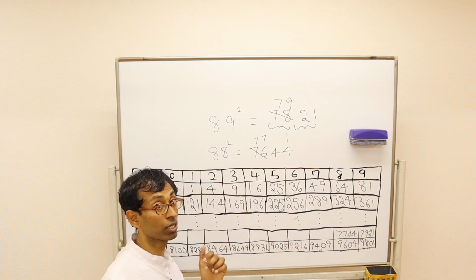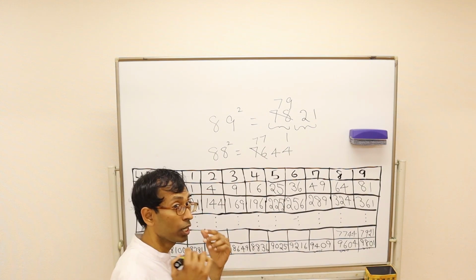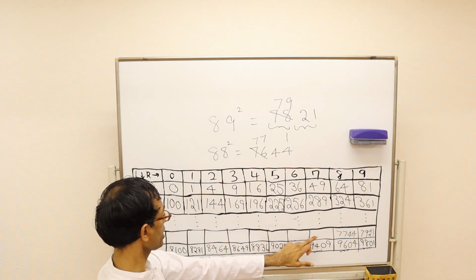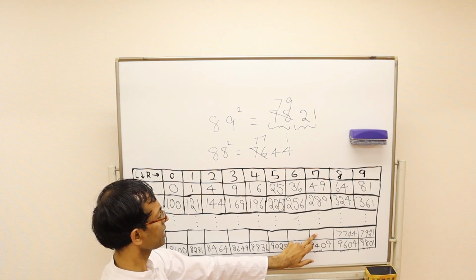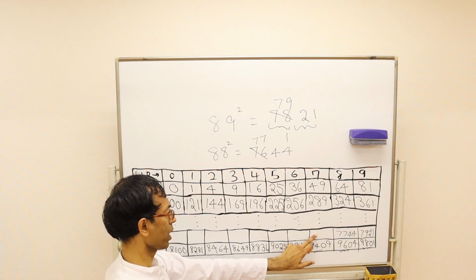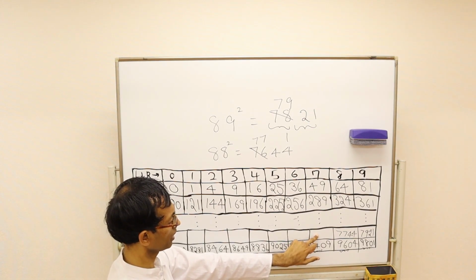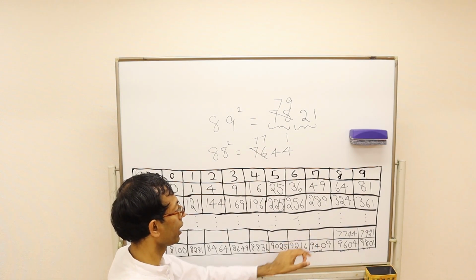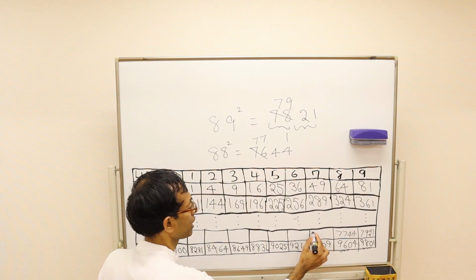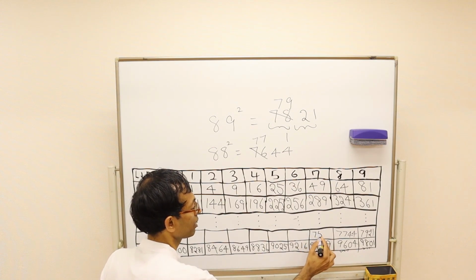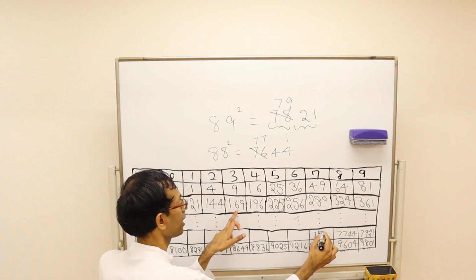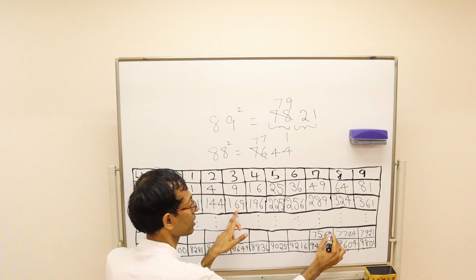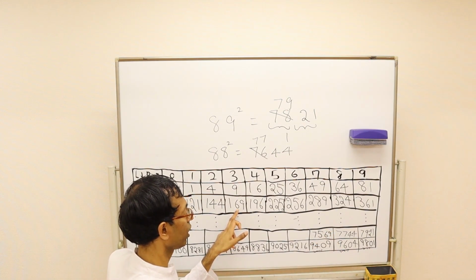By yourself, you can pause the video or go along with me. Here we have 87 squared. So 87 minus 13 is 74. And then there will be a carry. So I put a 75, and then here you have a 69.